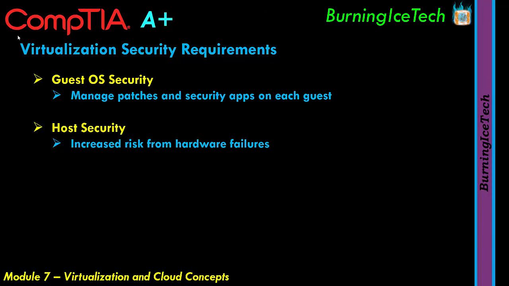So if I've got 20 virtual machines running on my host, if I have some sort of hardware failure, let's say the hard drive crashes, or a RAM chip fails, or the power supply fails, is it really just one computer that just failed? No, it's 21. It's the host, which is 1, plus the 20 virtual machines.